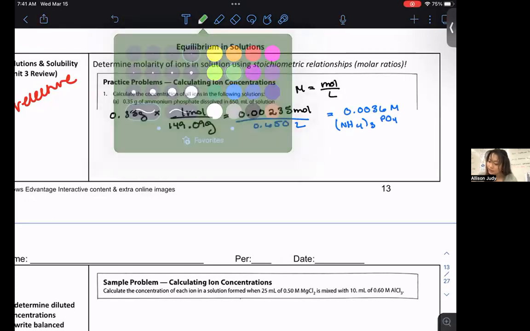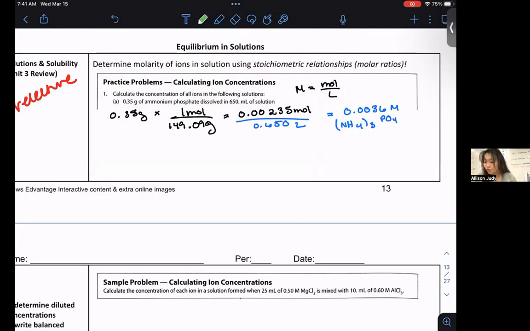So now what I do is I take the concentration of my overall solute and I use the stoichiometric relationships revealed in the now subscripts of my ionic compound to determine the molarity of each ion present. So I have 0.0036 molarity of ammonium phosphate, NH4, PO4.